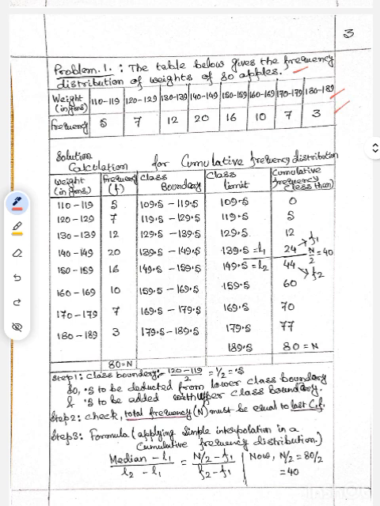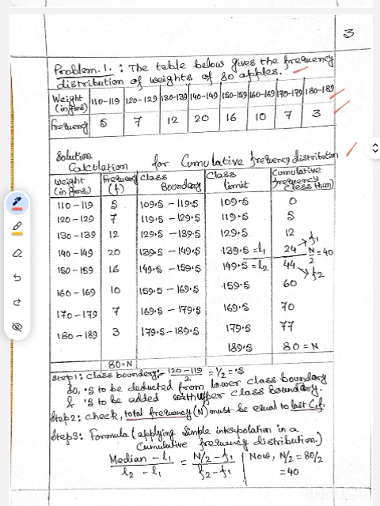Okay, so come to our problem. First we have to prepare a table called the cumulative frequency distribution. First we put down the weight according to the problem, and thereafter the frequency.